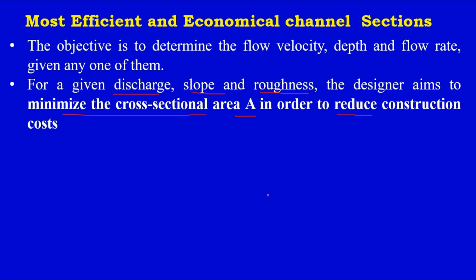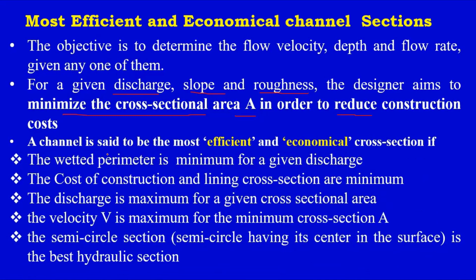So we will just assume this. A channel is said to be the most efficient and economical cross-section if the wetted perimeter is minimum. If the wetted perimeter of the channel is minimum for a given discharge, it is efficient and economical, and the cost of construction and lining are minimum.